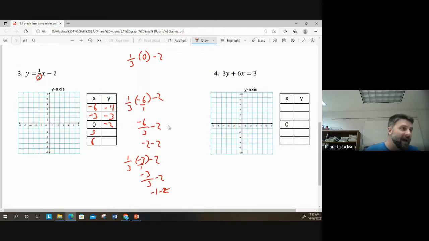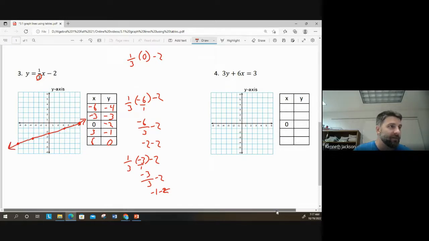If we can see the pattern, -4, -3, -2, -1, 0, then I can graph these ordered pairs: (-6, -4), (-3, -3), (0, -2), (3, -1), and (6, 0). Connect the dots, the points, and there's my line.